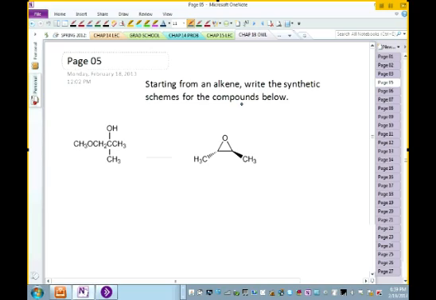Okay, now we begin to get into synthesis. Margaret, go ahead and read this first. Okay, very good, and thank you. Now, in this case, we are getting into synthesis, right?